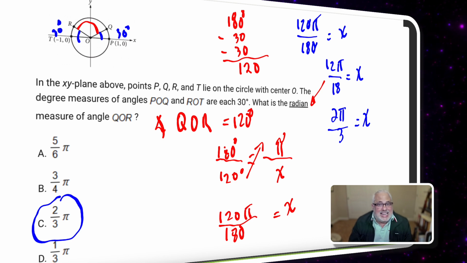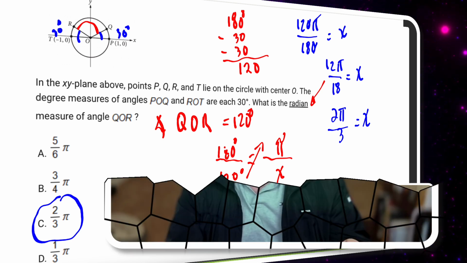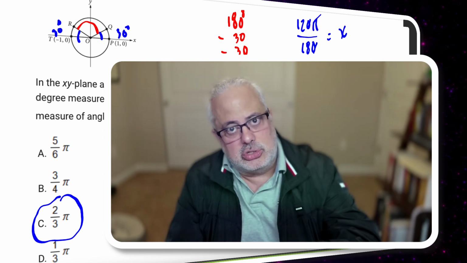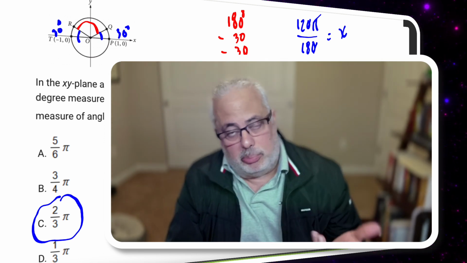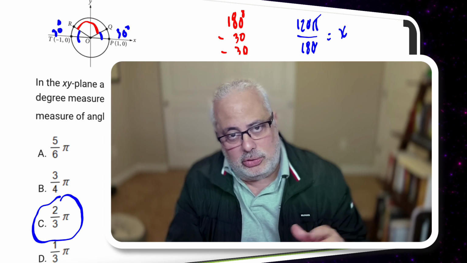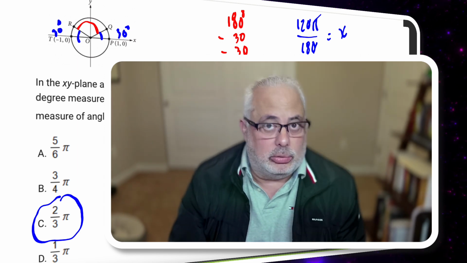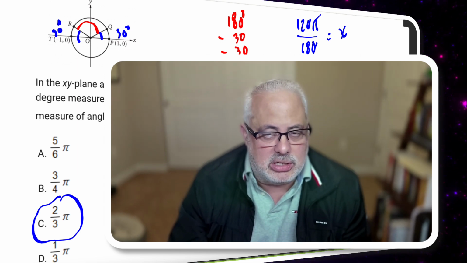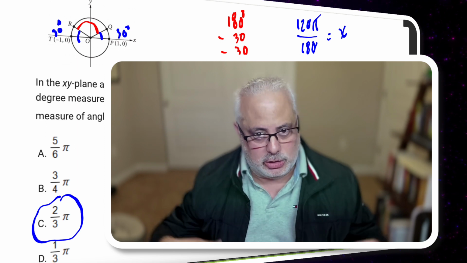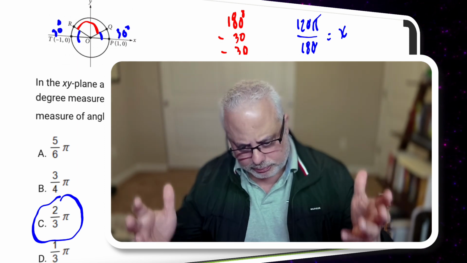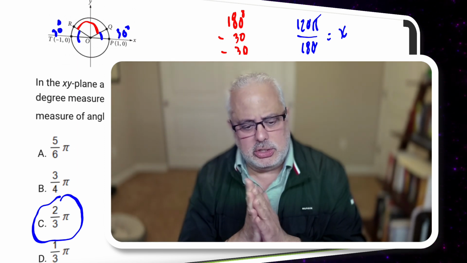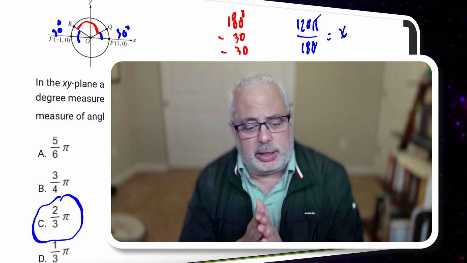So the elements here are trigonometry, degrees, and the answers in radians. But remember that we have a powerful tool that we can use, proportions. Keep in mind that 180 degrees is equal to pi. And then you can create your proportion and you can simplify. So the answer is 2 over 3 pi.